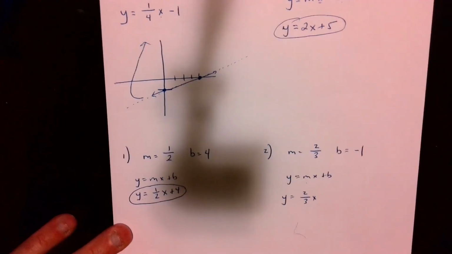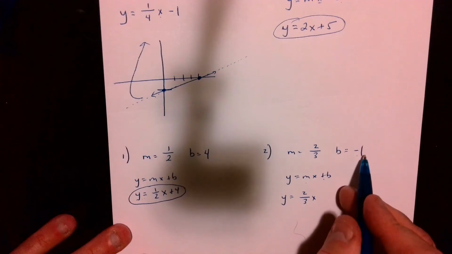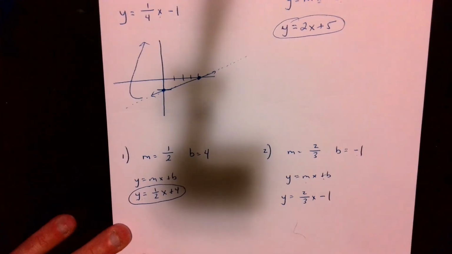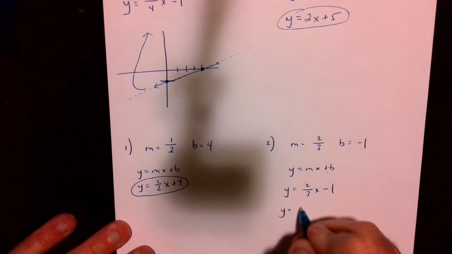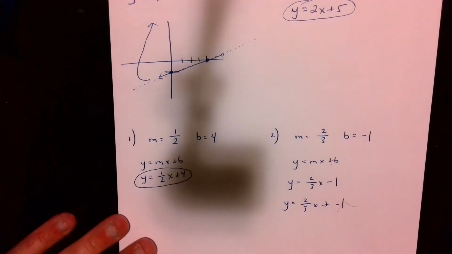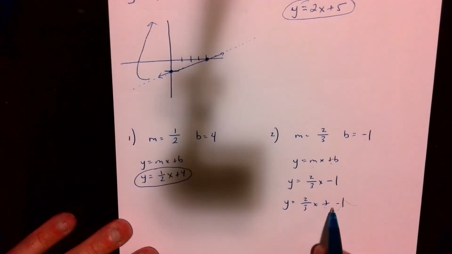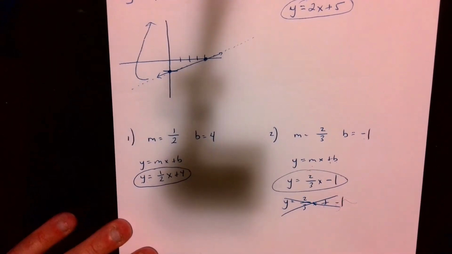And then b this time is a -1. So it says plus b, but it's -1, so just put -1. Okay, y equals 2/3 x minus 1. You don't need to say y equals 2/3 x plus, -1. Okay, you don't need this double sign here. Don't do that. Just y equals 2/3 x minus 1.